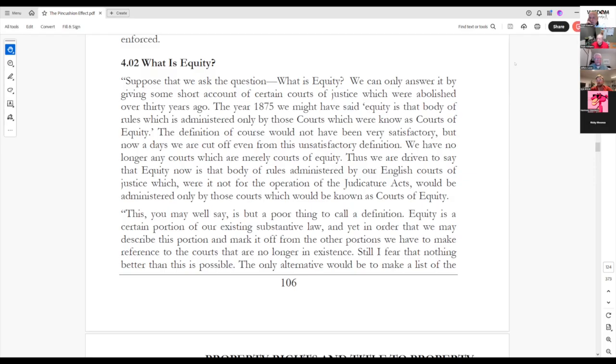Now, the federal government, the United States Supreme Court, of course, is a court of equity as well as a court of law. But it has limited jurisdiction. It can only deal with the Constitution of the United States and federal laws and treaties, and they have original jurisdiction over boundary disputes between states.